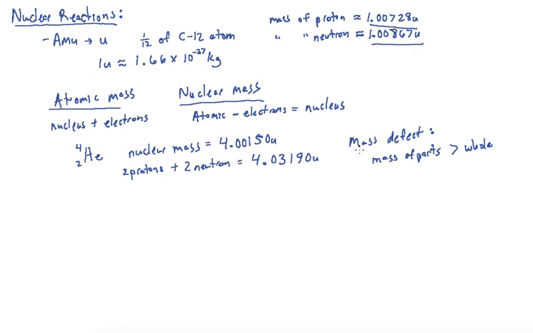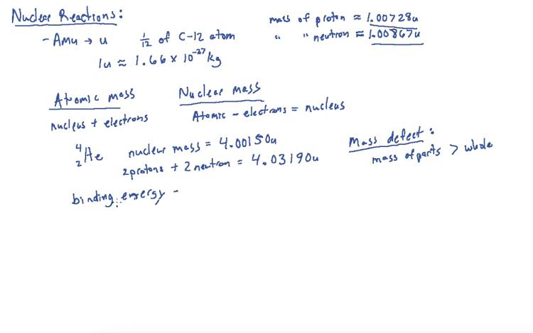Okay, so this mass defect, that's an important term to remember. That's the difference in the masses. But there's also a term you need to know called binding energy, and this is the amount of energy that it takes to basically build this.